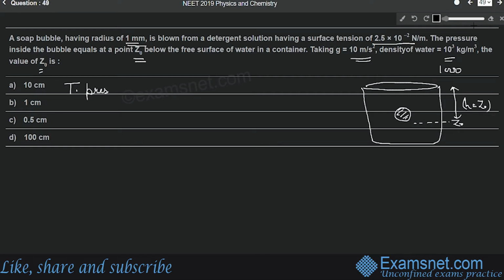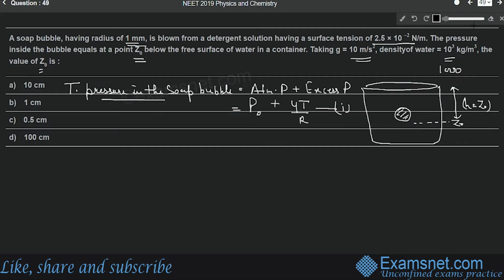Total pressure in the soap bubble is equal to atmospheric pressure plus excess pressure. So atmospheric pressure is taken as P0 and excess pressure inside the soap bubble is equal to 4T by R. So this is the total pressure inside the soap bubble. Suppose this is equation number 1.